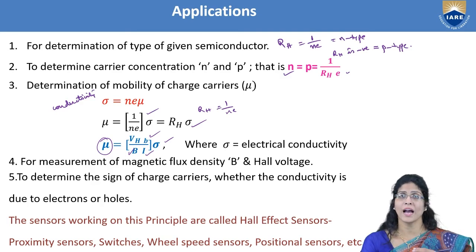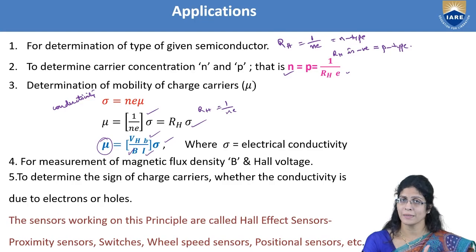From those you have spread your knowledge towards the applications, where you can determine the type, the charge carrier concentration, the mobility, conductivity, magnetic flux, and even the sign of the charge carriers to understand which charge carriers are accomplishing the conductivity, and the extension of these properties to a wide range of applications.